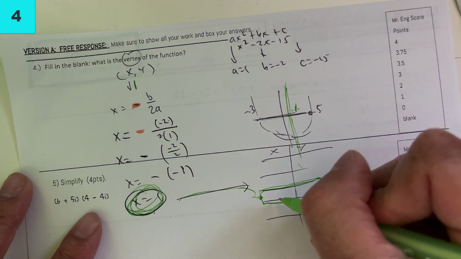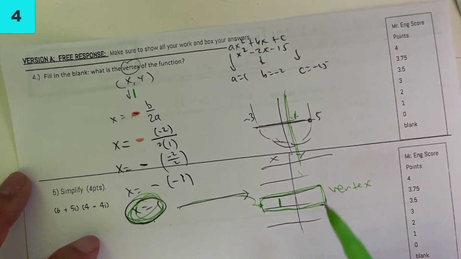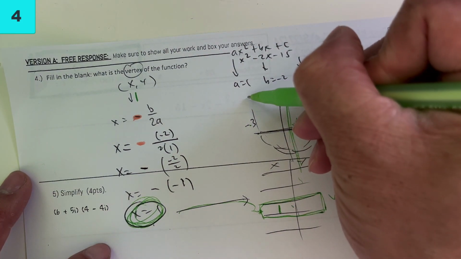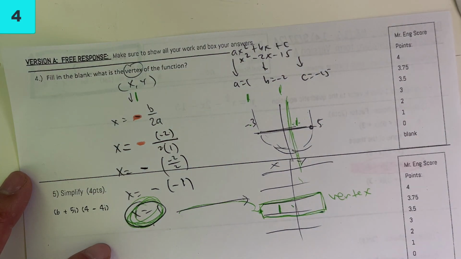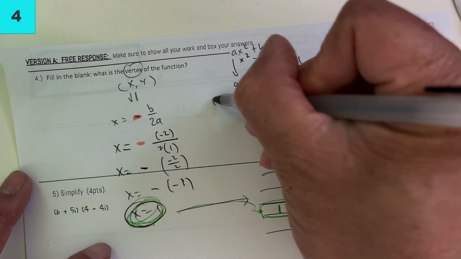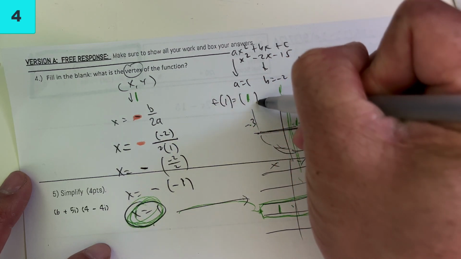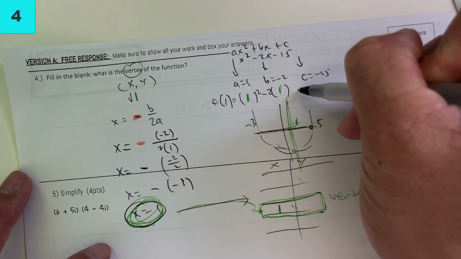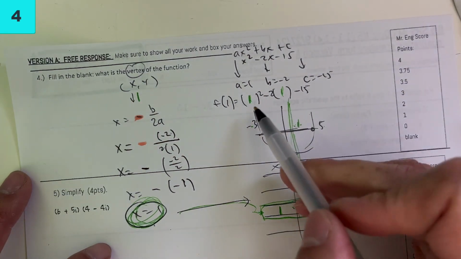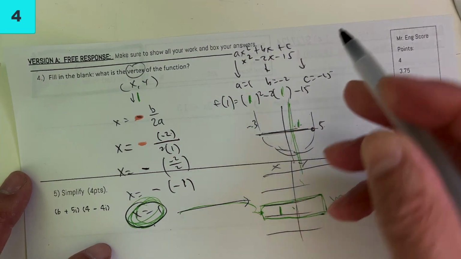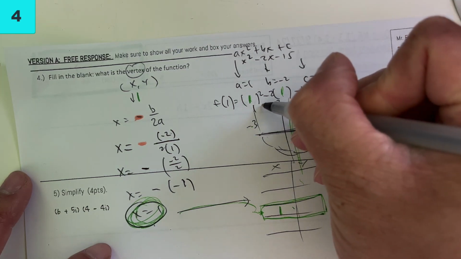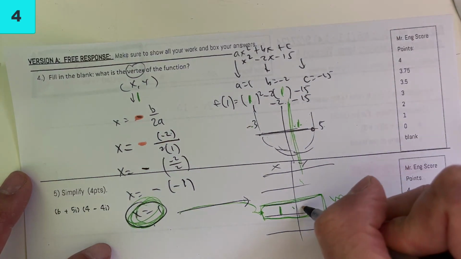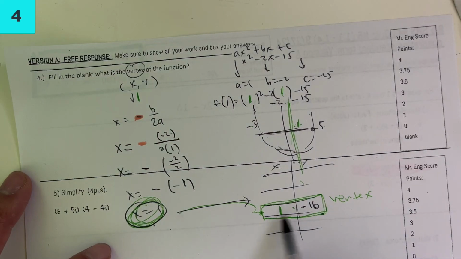So if I put 1 into that function, f of 1 equals 1 squared minus 2 times 1 minus 15. That would become 1 minus 2 minus 15. So that would be -1 minus 15 is -16. So 1 comma -16 is my vertex.